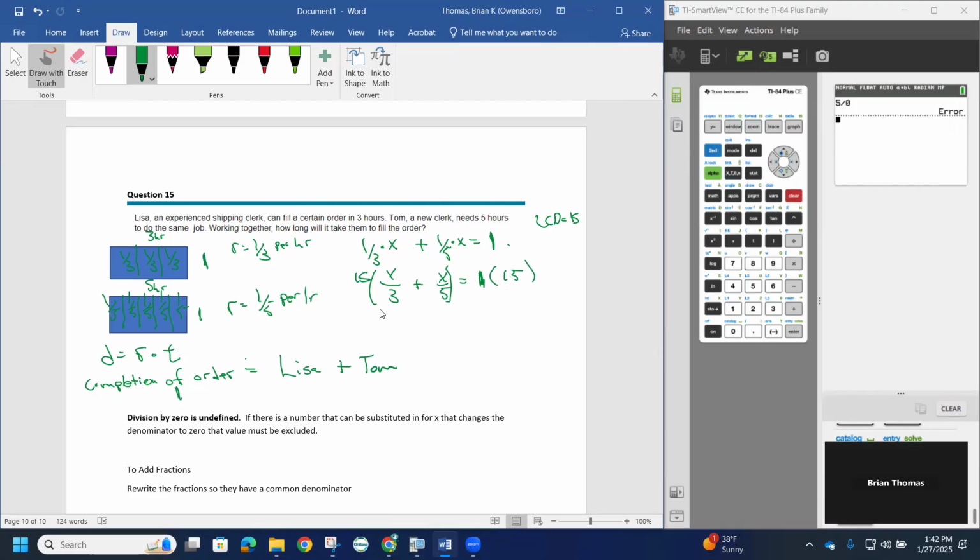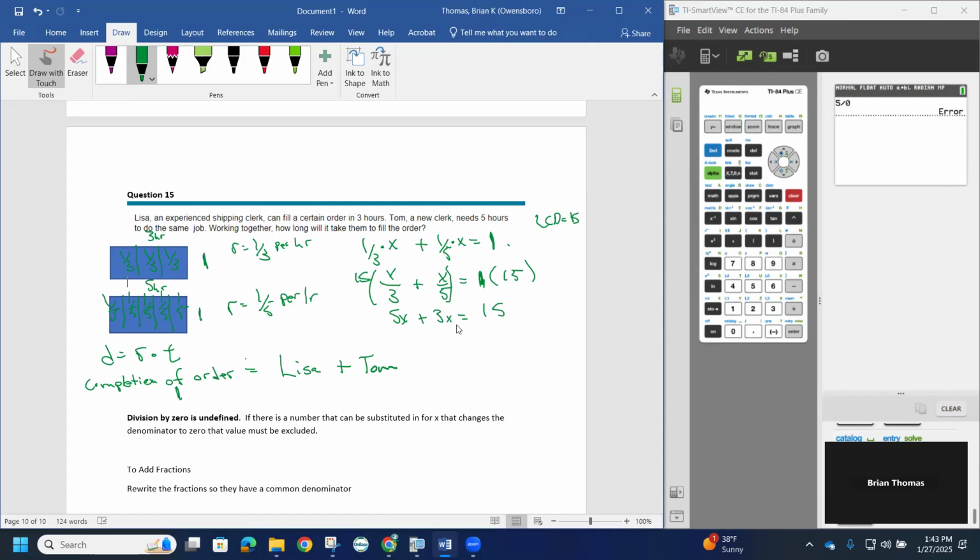When we multiply by 15, notice how 15 and this 3 are going to divide out. 3 goes into 15 5 times, and we bring a 5 through. That's going to give me this 5x. And then when I multiply 15 by x over 5, this 5 is going to divide out the 15, and only a 3 is going to come through. So it's going to be plus 3x. And then 1 times 15 is going to be 15.